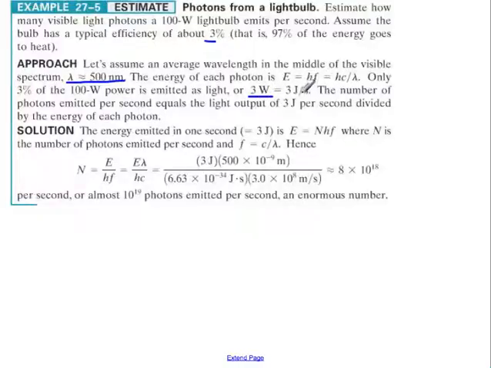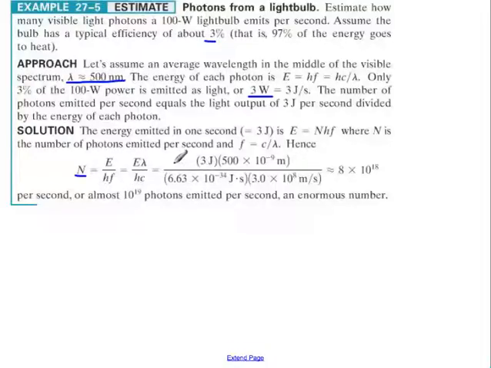Watts are joules divided by seconds. So the number of photons equals that 3 joules, basically. So we're going to say n is the number of photons. It's this energy, hc over lambda. So you can see that.